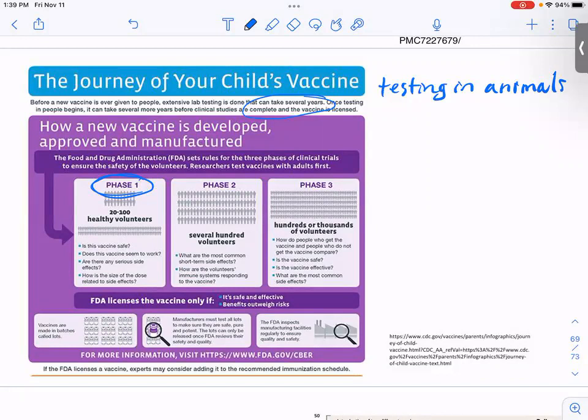Then if everything seems all right, they'll move on to phase 2 and give it to maybe several hundred individuals of varying health status, so not necessarily healthy people. Maybe they play with the dosage a little bit. And of course, you're giving a placebo to a group of people that you're watching very closely as well. That's important. If everything seems fine, then you start giving it to thousands.